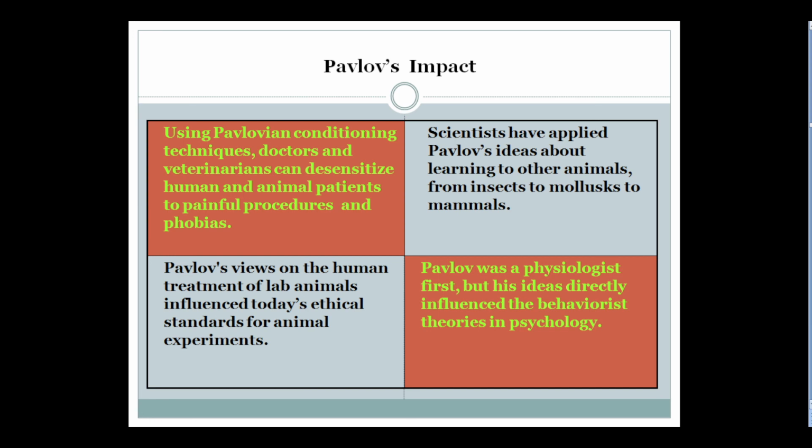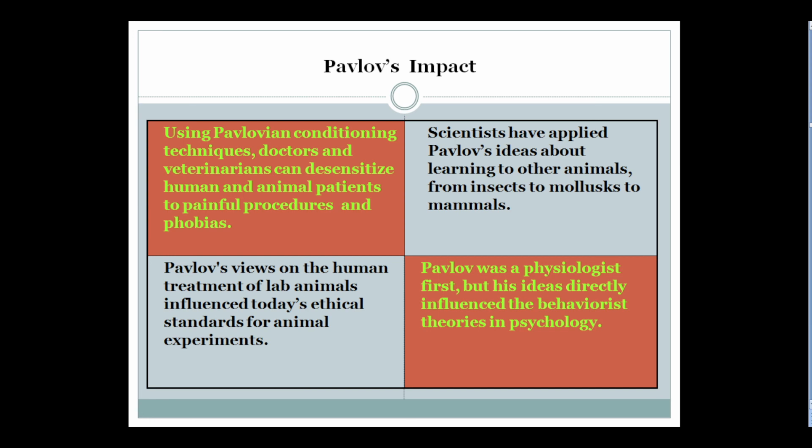Another impact of Pavlov's conditioning is that scientists applied Pavlov's ideas about learning to other animals, from insects to mammals. So basically it works not only in dogs, but in virtually all species.